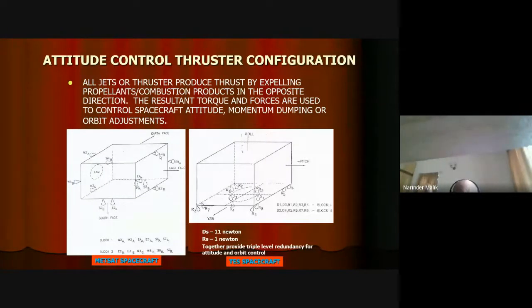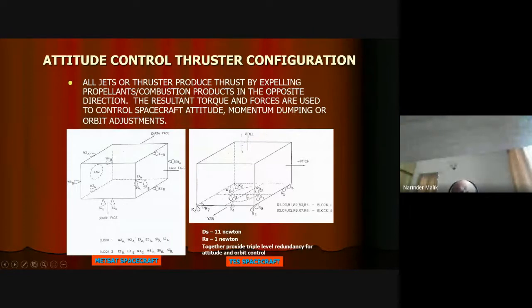Okay. So, in the communication satellite, there are 4 thrusters located here, 4 located here, and 4 located on the south face.